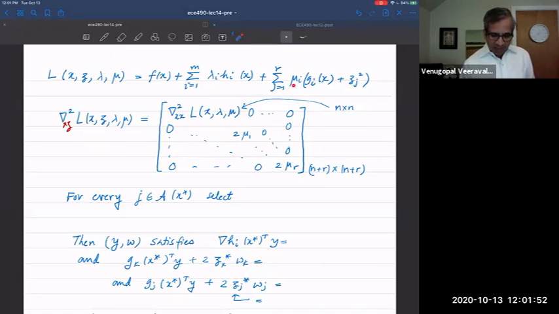So 2 will multiply mu, and all that will remain in the Hessian with respect to the Zj's will be just this diagonal matrix with 2 mu on the diagonal. Is that clear? So now the Hessian that involves both the variables is going to be of this form.